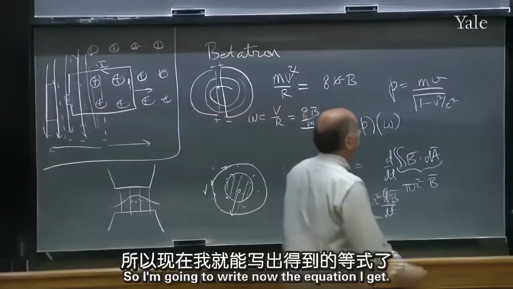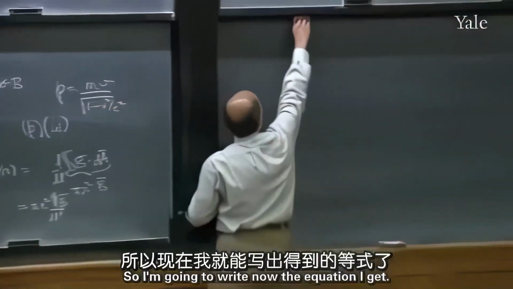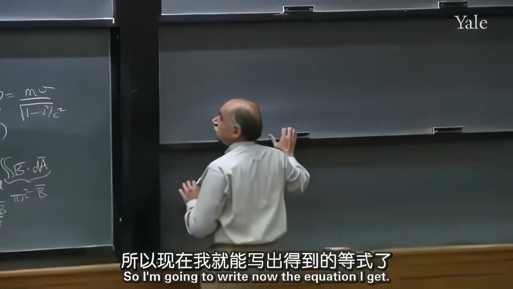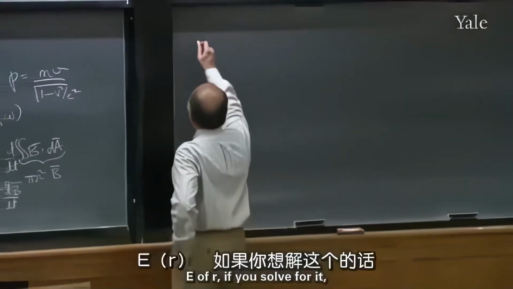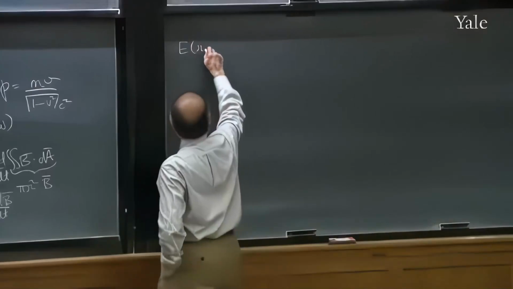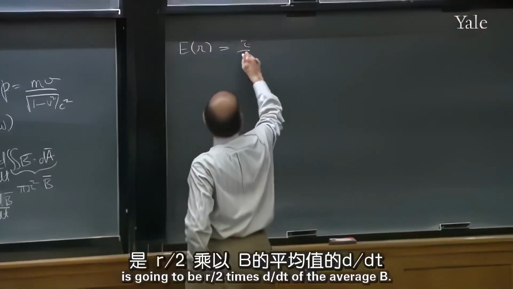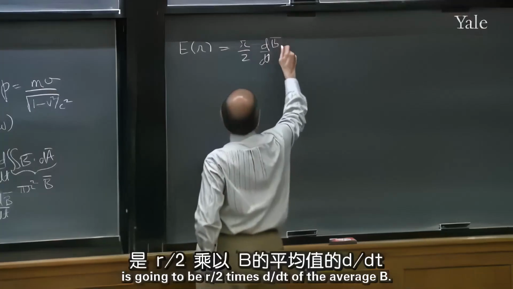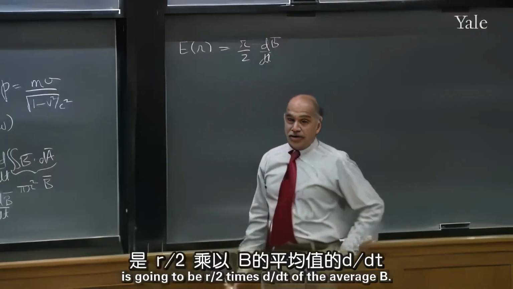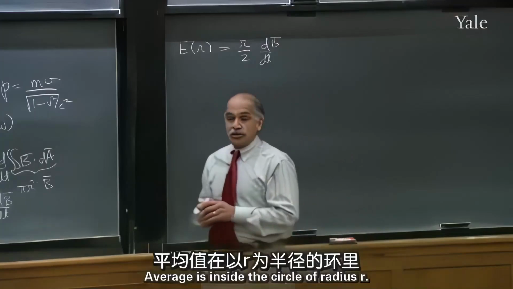So I'm going to write now the equation I get. E of r, if you solve for it, is going to be r over 2 times d by dt of the average B. Average is inside the circle of radius r.